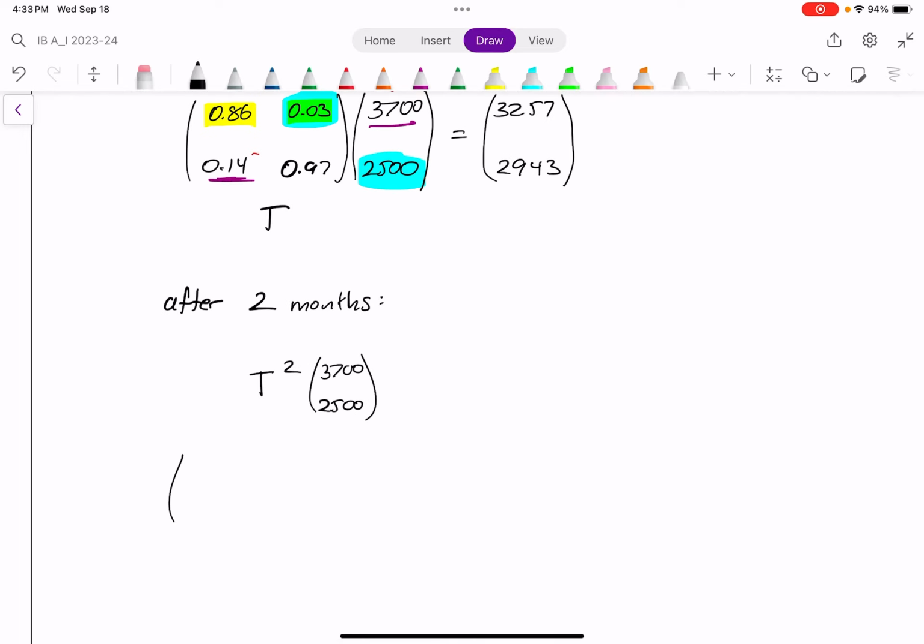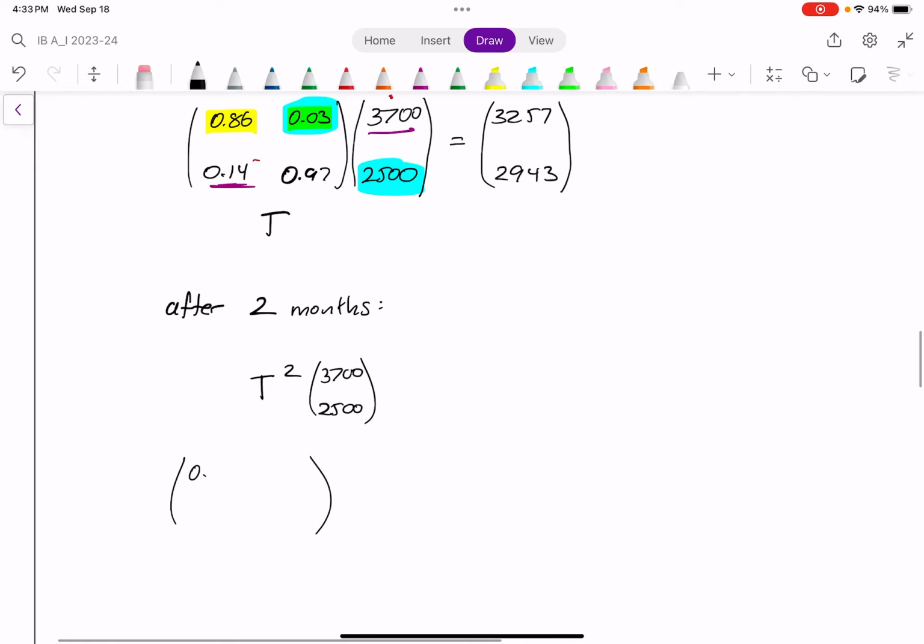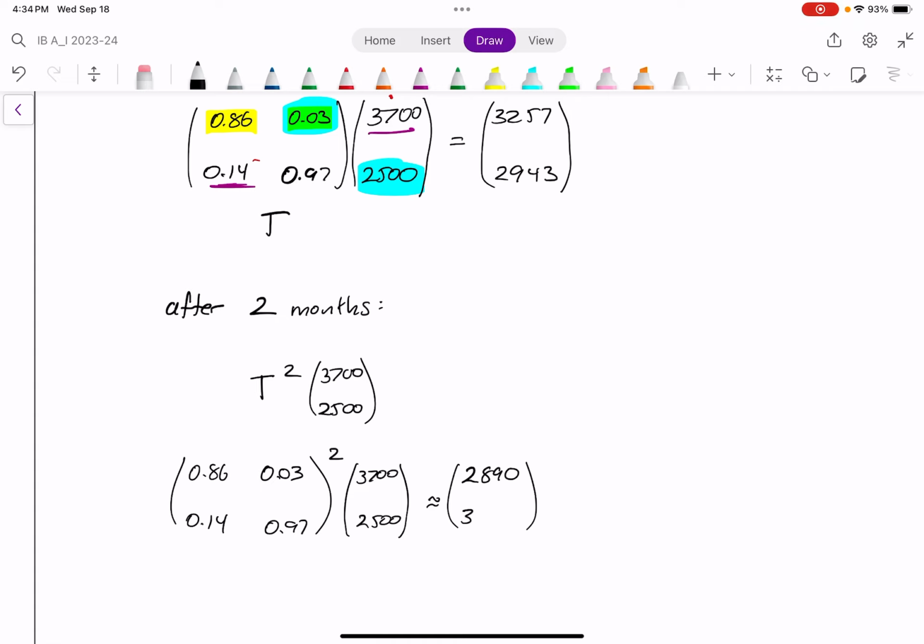Or I can take that matrix and just be more explicit: 0.86, 0.03, 0.14, 0.97, raise it to the power of 2, which again, once you type it into your GDC, should be quick to do. Multiply this by this vector, this 2x1 matrix, and either way you look at it, you should get about, I'll write to 3 significant figures, about 2,890 over 3,310. Keep in mind, this represents, after 2 months, the number of customers at Supermart.